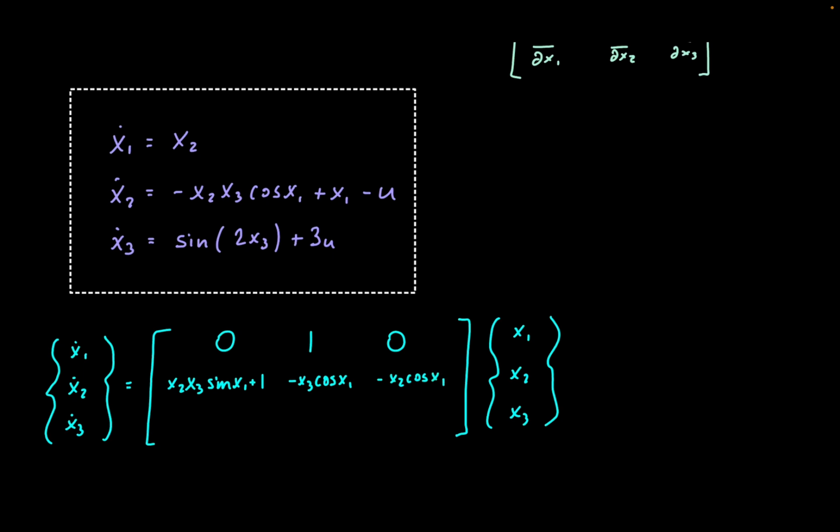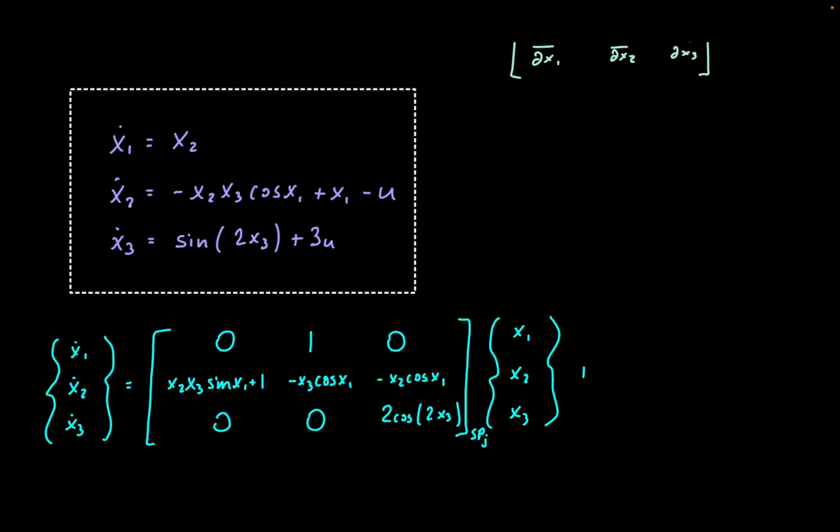And now taking the partial derivative of our x3 dot with respect to x1, x2, x3, we get 0, 0, and 2 times cosine of 2x3. That'll be for our stationary point, so some stationary point. We'll get to that in a second.